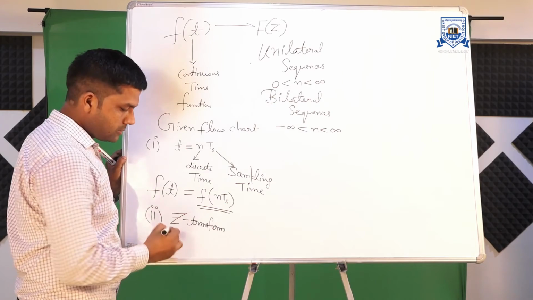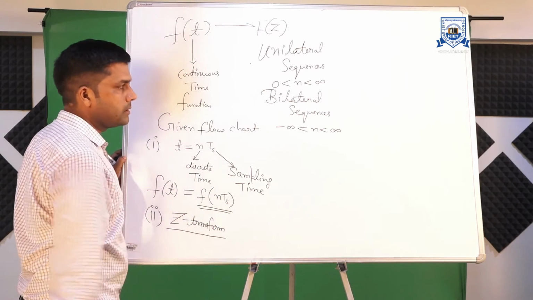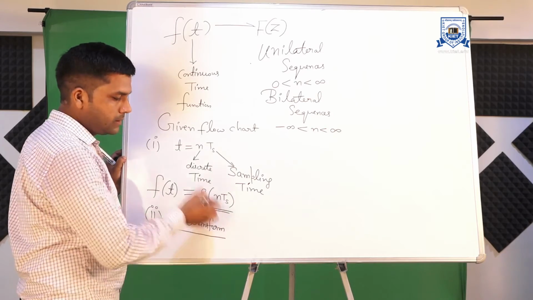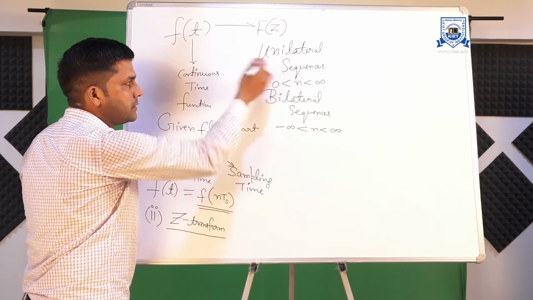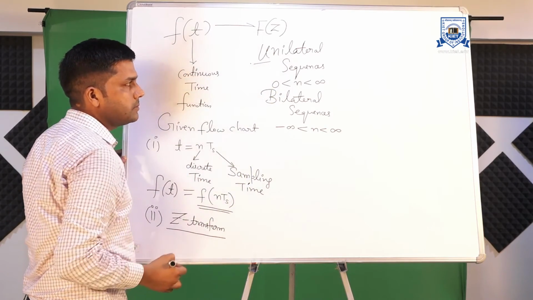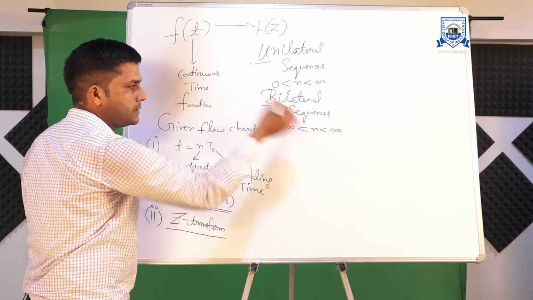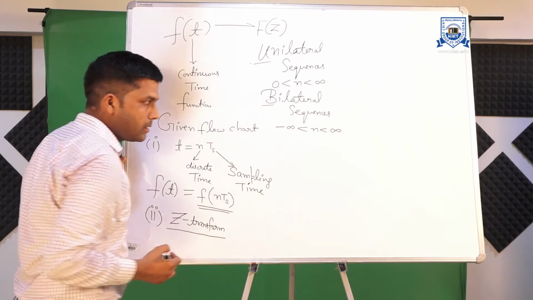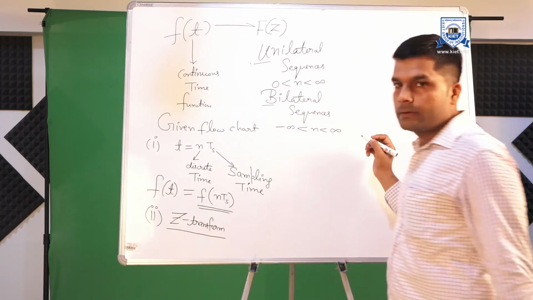So we use the Z transform accordingly. If f(nTs) is defined for 0 to infinity, then we use the unilateral Z transform, and otherwise we use the bilateral Z transform. So how do we calculate it?